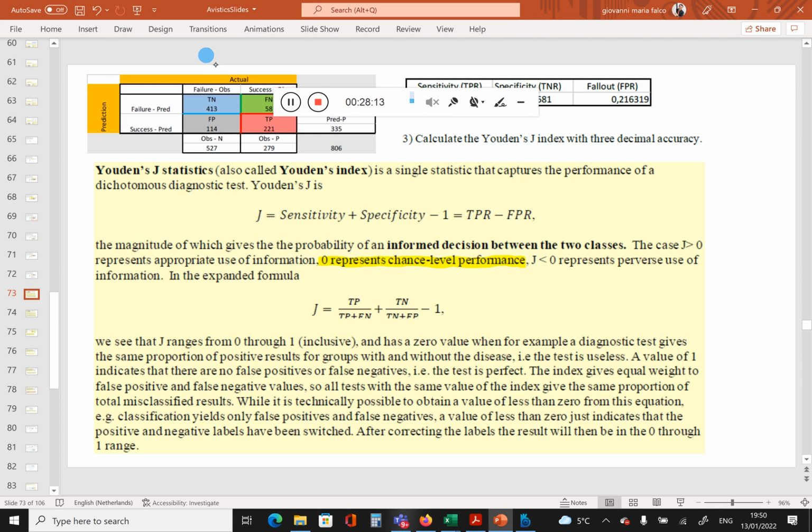So basically, I think if we want to understand this J value in this diagram, we have also to plot the line of basically random decision, so the diagonal line in the ROC curve. Okay, let's do that.